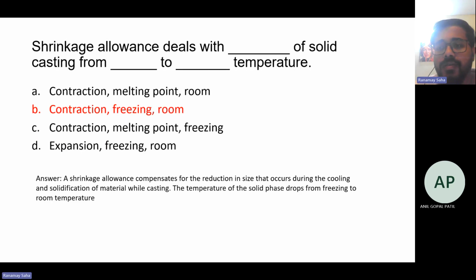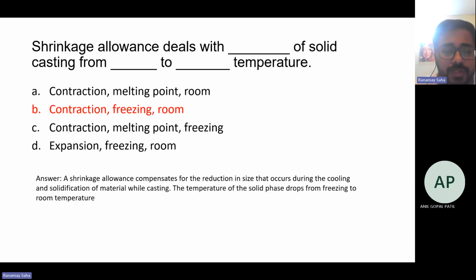Shrinkage allowance. The shrinkage allowance is required for the transition from freezing temperature to room temperature of a cast, right? Shrinkage allowance actually deals with contraction of a solid casting from freezing to room temperature.